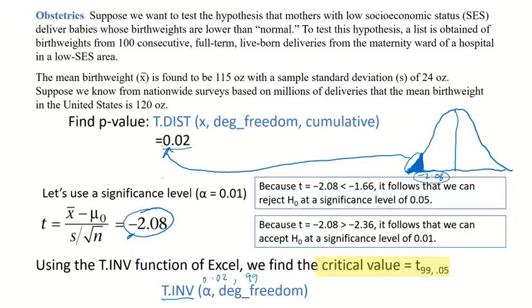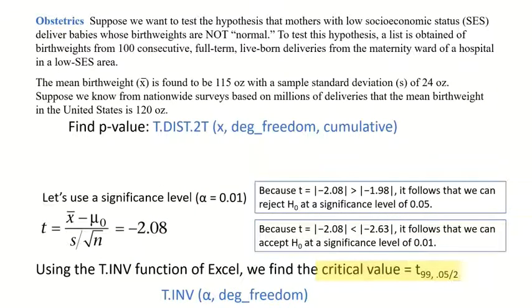If we are going to have the two-tailed test, then this is how you're going to get your p-value. T dot dist dot 2t.